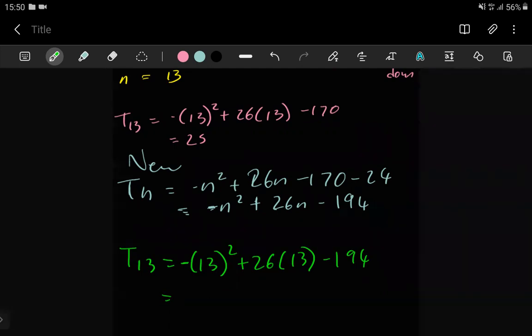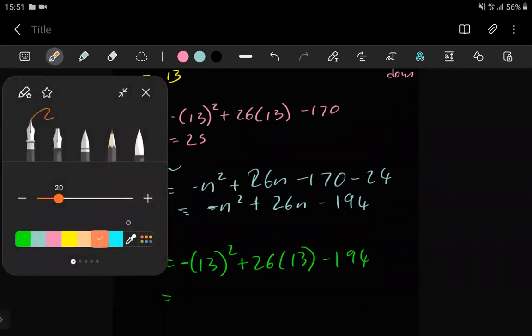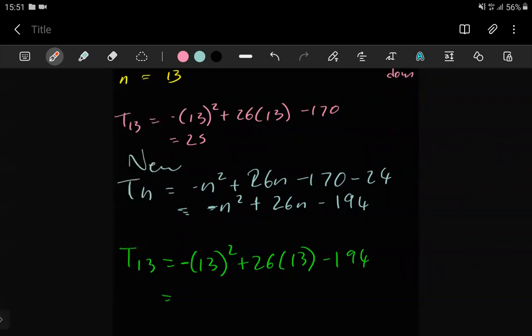Because you see, for the first one there, it's negative 1. So let's see. Negative 13 there squared plus 26. Oh, it's negative 1.